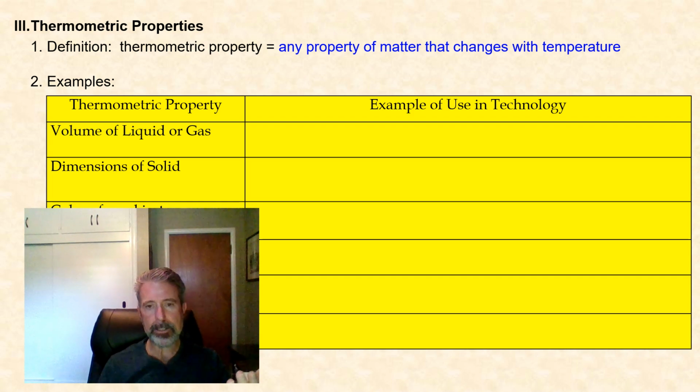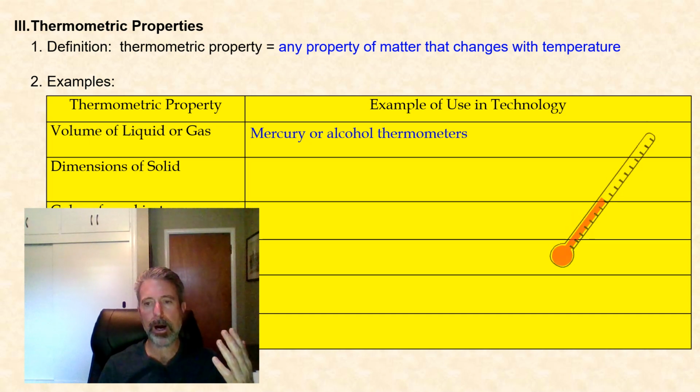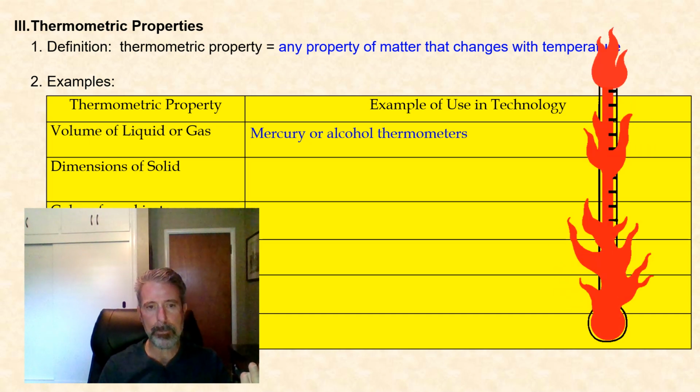We'll also take a look at how these thermometric properties can be applied, how we see them used in various technologies in society. An obvious example of this would be a mercury or alcohol thermometer, the typical thermometer that you use in a laboratory.